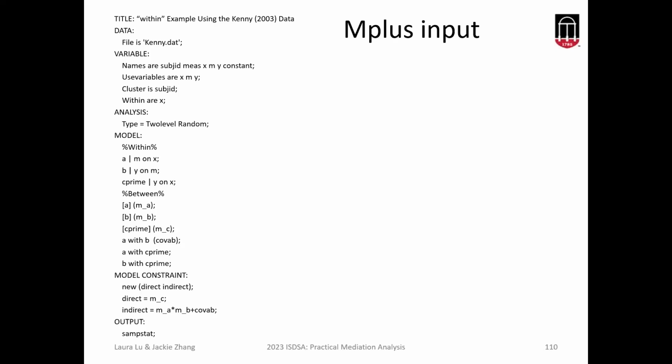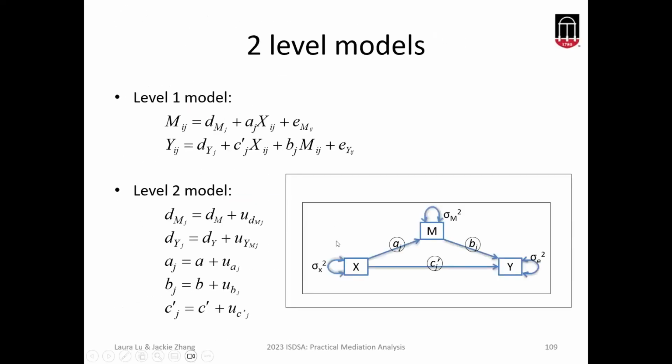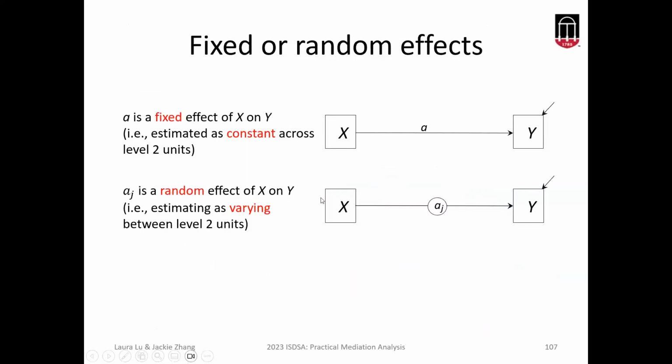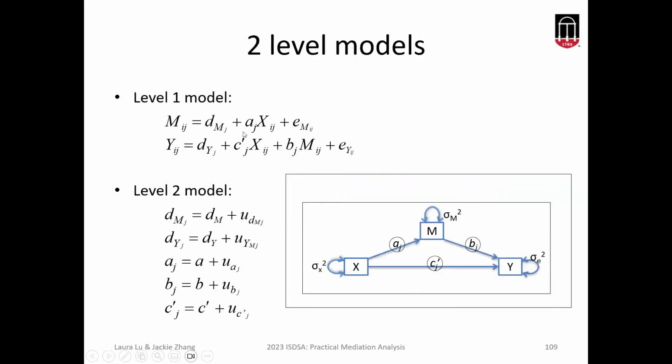And then we have the keyword within. What does that mean? The X variable is within, the independent variable is within. We have to describe whether the independent variables are within or between. We also have between independent variables.